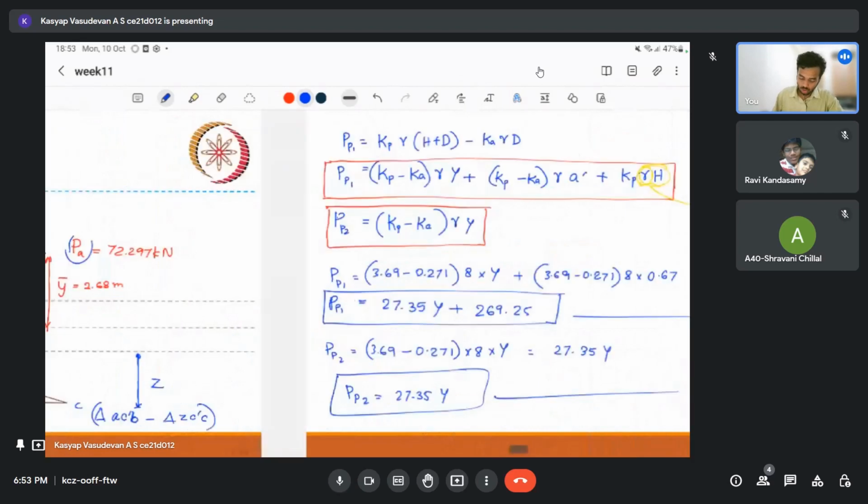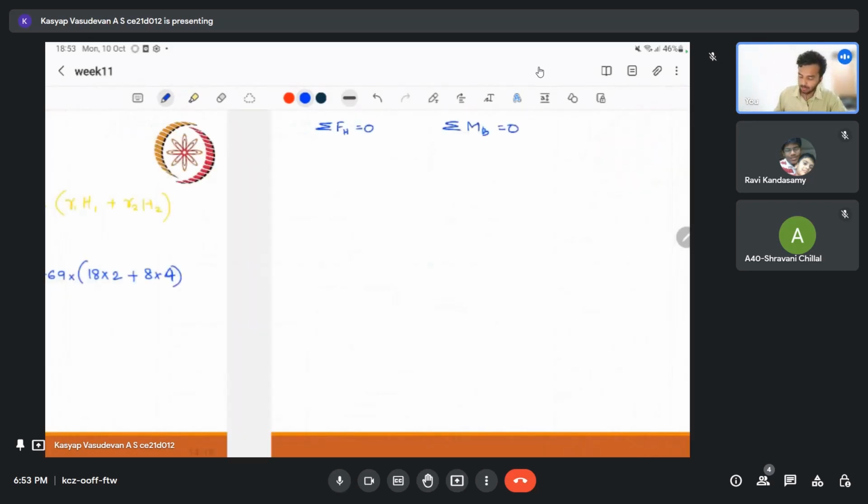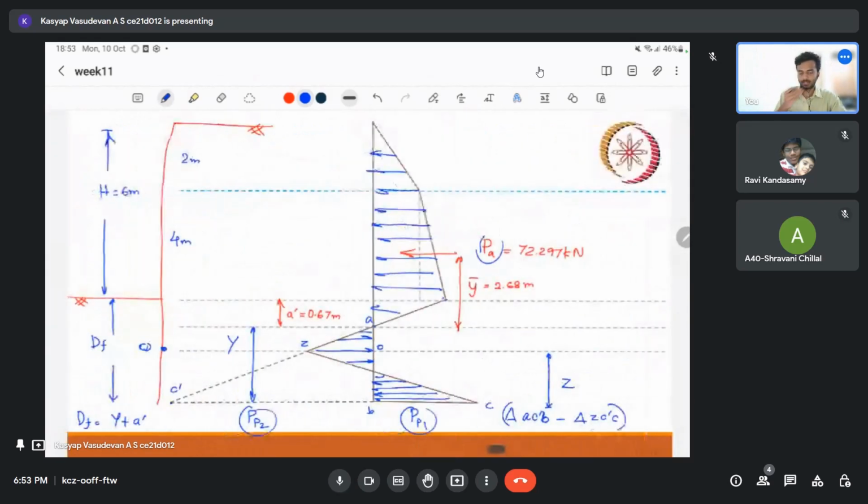So the idea is to make this in equilibrium. We have two equations: sigma Fh, the horizontal forces, equal to 0, and sigma M about the base, or whichever point we choose, equal to 0. You can take A, or the base B, whichever you feel like. The triangles are used separately with opposite signs so that they cancel and we get the shaded area.